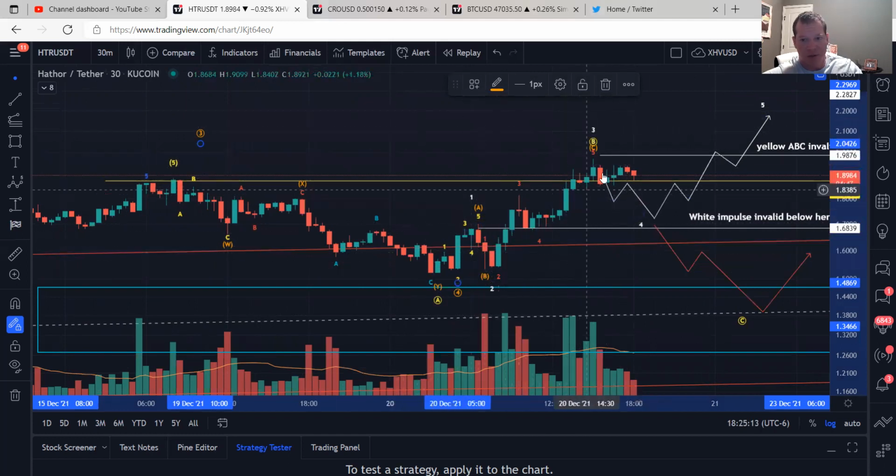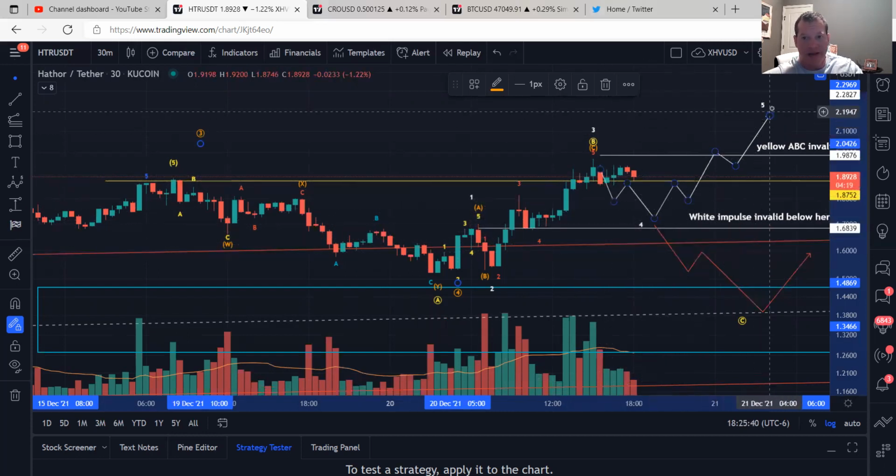So we've got a 1, 2, 3, and then we'll have a 4 correction down. The 4 correction down cannot go below $1.68, or else it invalidates that impulsive count, meaning that I would put a stop loss under $1.68. I would look to enter somewhere down here, anywhere from $1.75 all the way down to $1.70, and put my stop loss in.